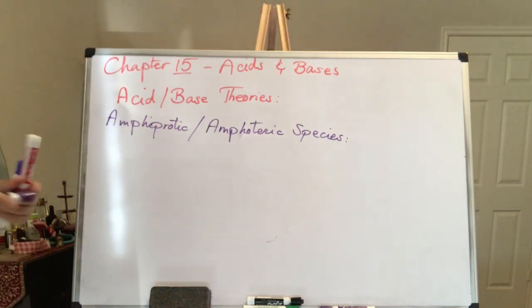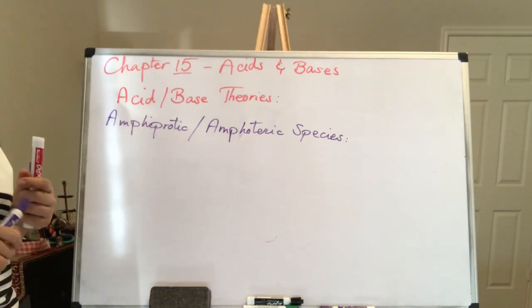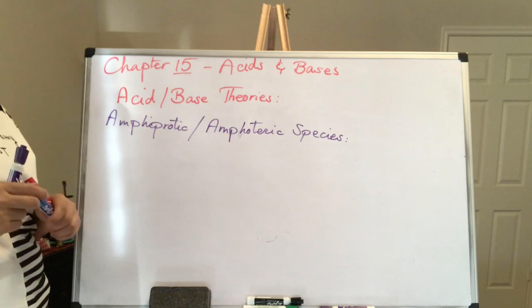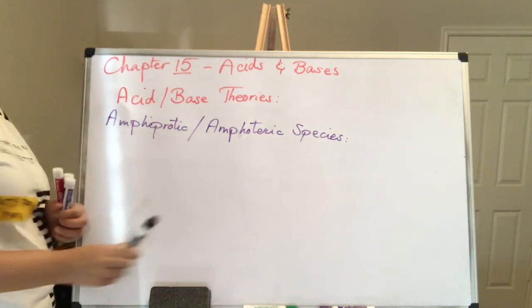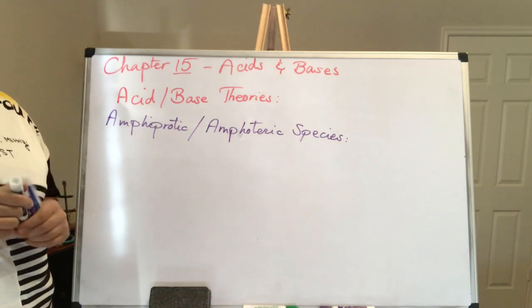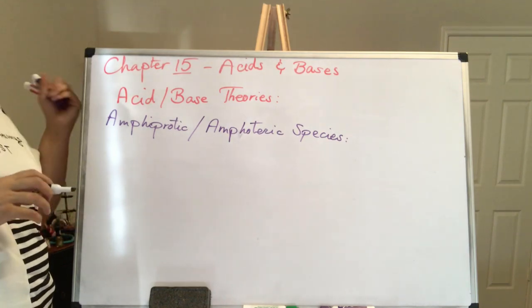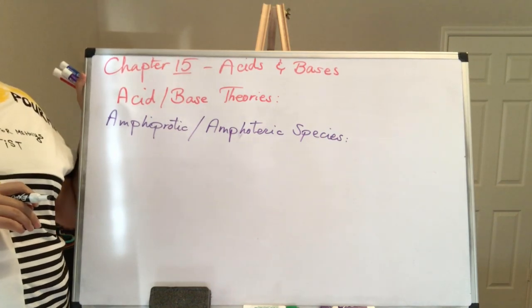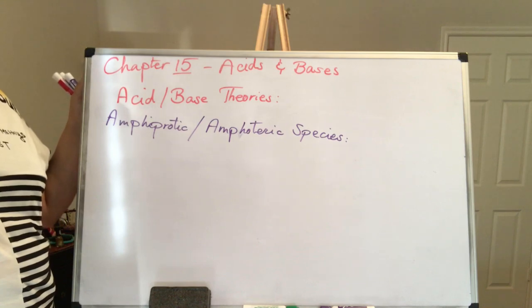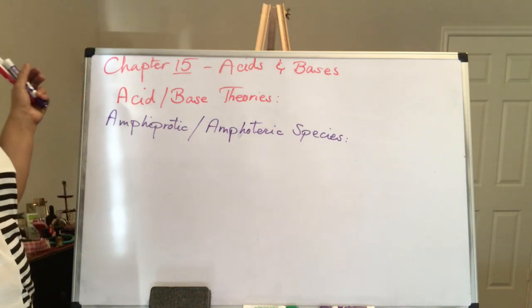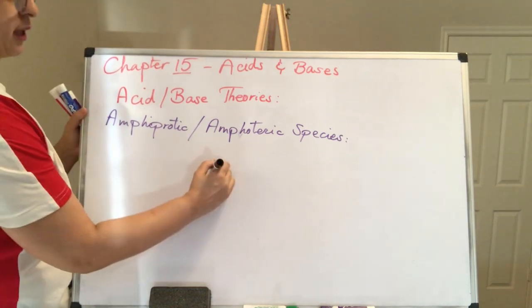So, what does this word remind you of? Amphibians, right? So what are the amphibians? Those are the animals that can live in two different places, right? Like the frogs. So you are dealing with species that have dual function, like HCO3-.